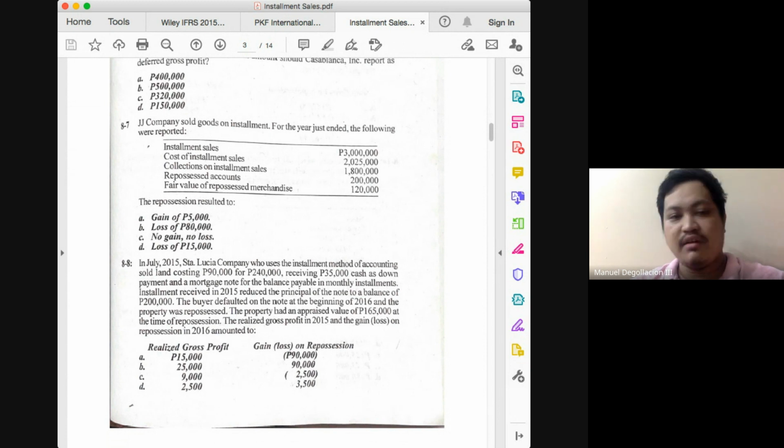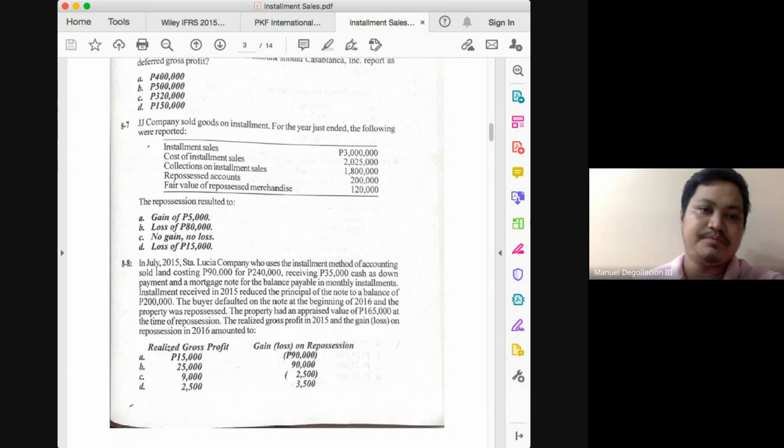That means your unrecovered cost would be 135,000. Okay, and then since the fair value of the repossessed merchandise is 120,000, there's a difference of 15,000, and since the fair value is lower, there will be a loss of 15,000. Okay, hopefully problems on gain or loss on repossession will just be this amount.